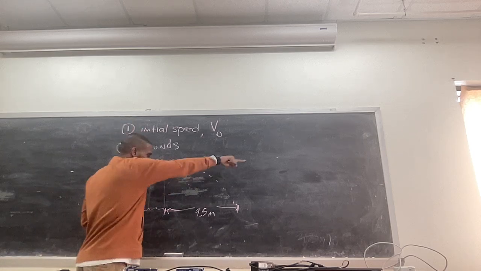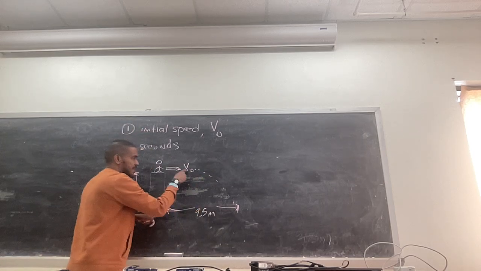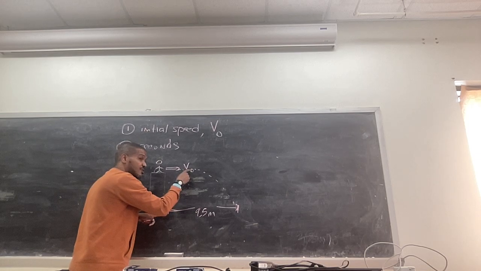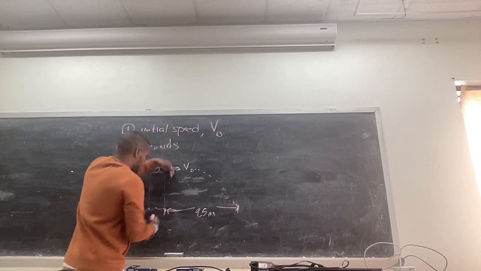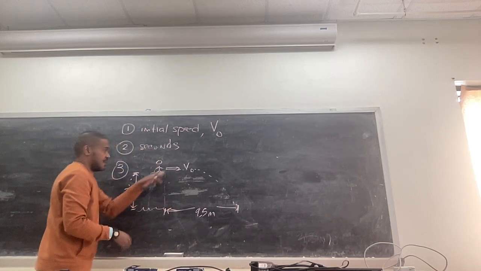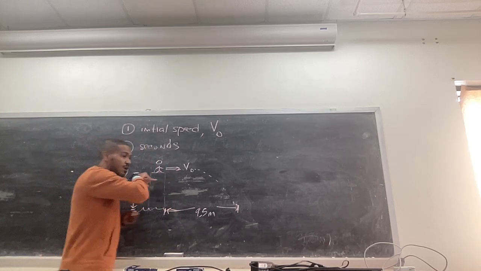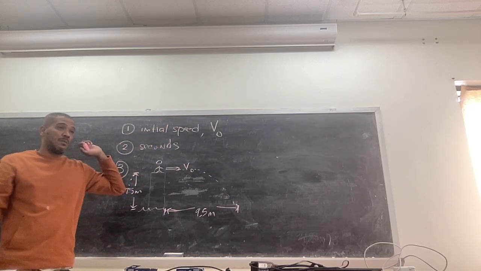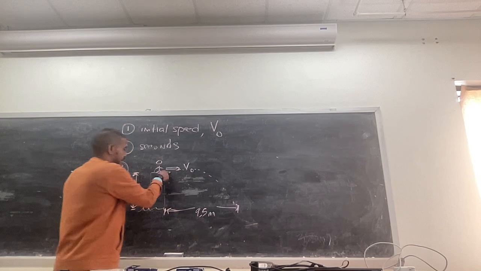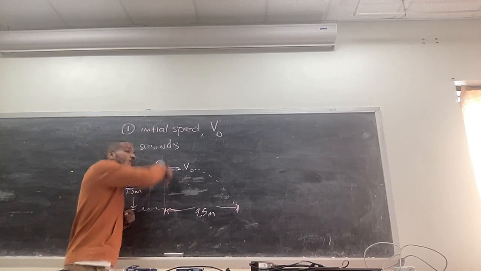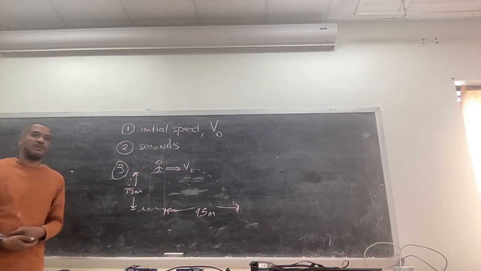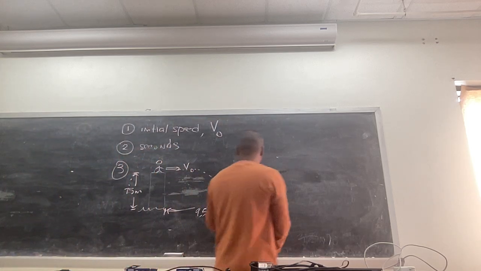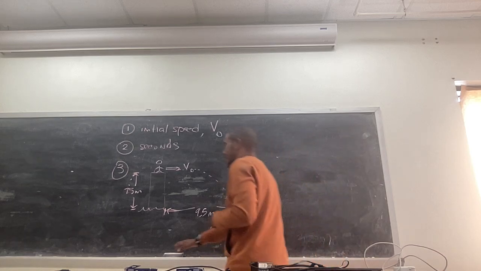In the horizontal direction, this is the distance, this is the speed, so we need to figure out the time to get this initial speed. If I throw something horizontally, that's the same as dropping it, so the initial speed in the y direction is 0.